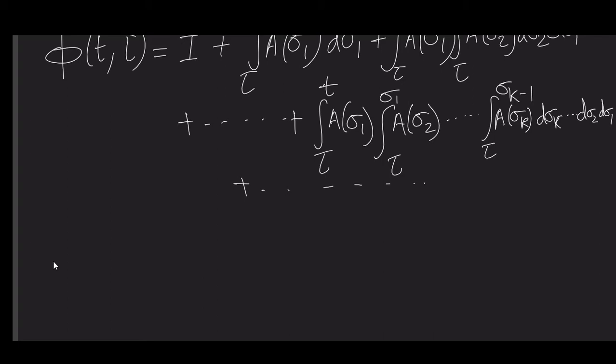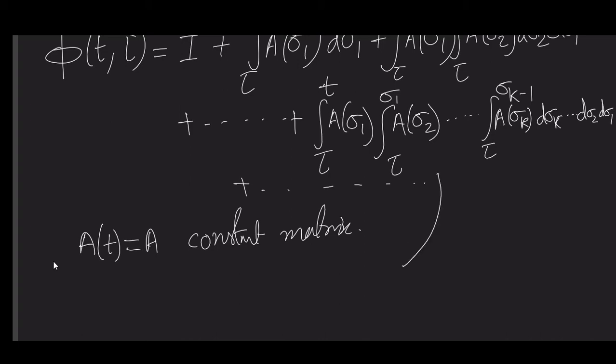So, let us consider that, what happens in case of a time invariant system if we have this? Then your Peano-Baker series will boil down to this kind of thing.